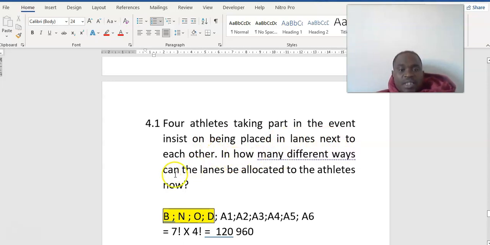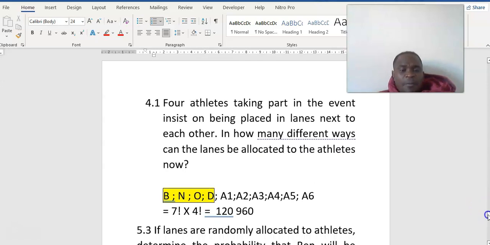In how many different ways can the lane be allocated to the athletes now?